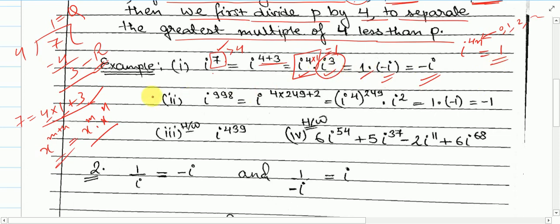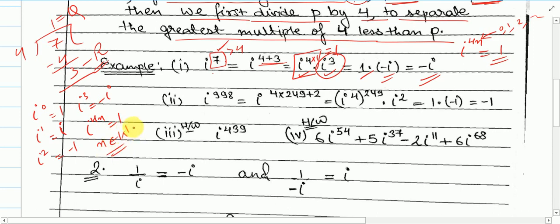That's why I told you that you should remember i to the power 0 is 1, i to the power 1 is i, i to the power 2 is minus 1, i to the power 3 is minus i, and then i to the power 4n is always 1, where n is a whole number.